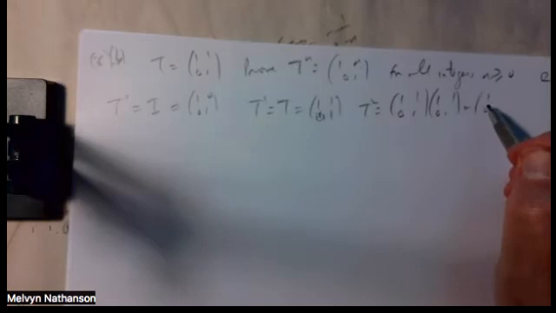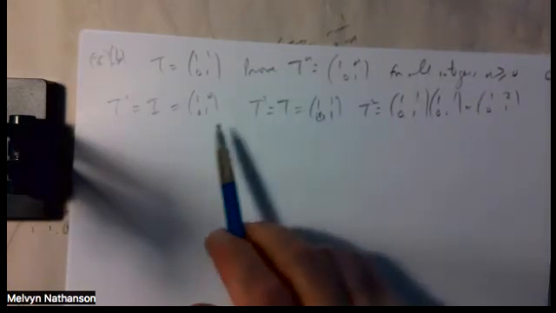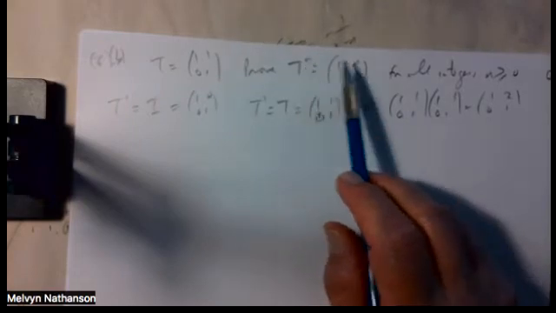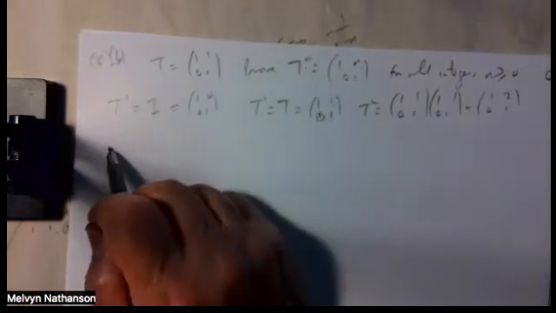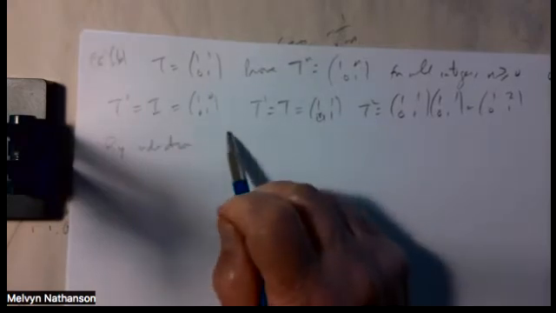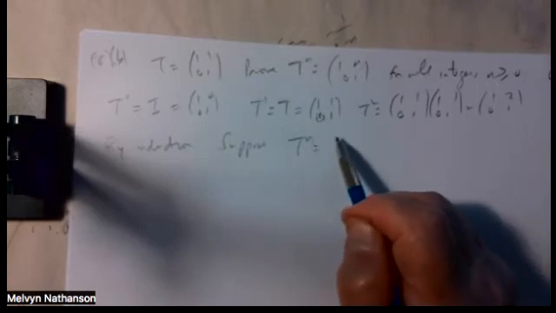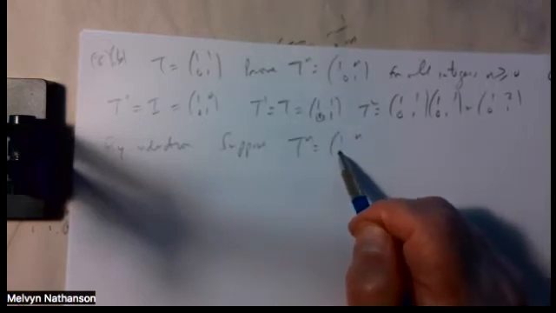T squared, 1, 1, 0, 1 times 1, 1, 0, 1, is equal to 1, 2, 0, 1. Exactly what this says. When n is 2, we have a 2 here. So we'll prove this now by induction. Suppose for some integer n, T to the n is 1, n, 0, 1.